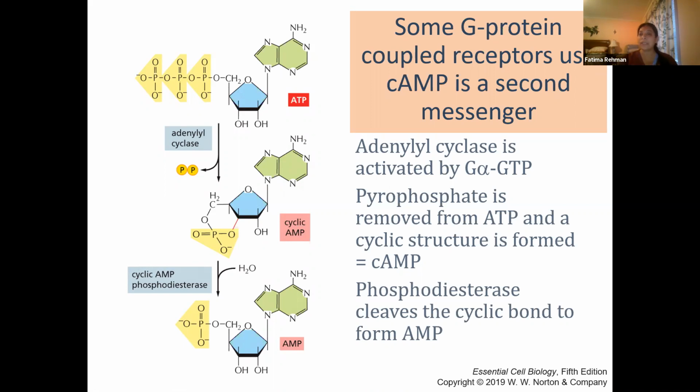Now, this AMP is a little bit different than your typical AMP, right? In this case, you not only have those two phosphates, the pyrophosphates, removed from ATP, but you also have cleavage of this remaining phosphate to create this cyclic AMP structure.